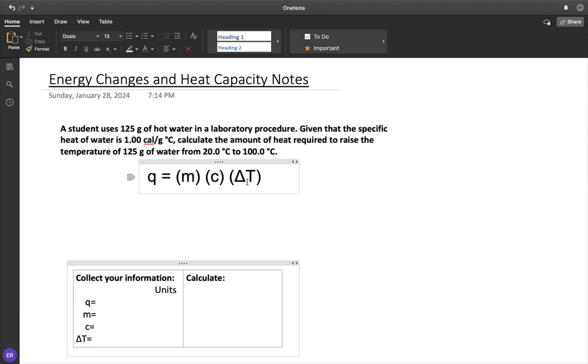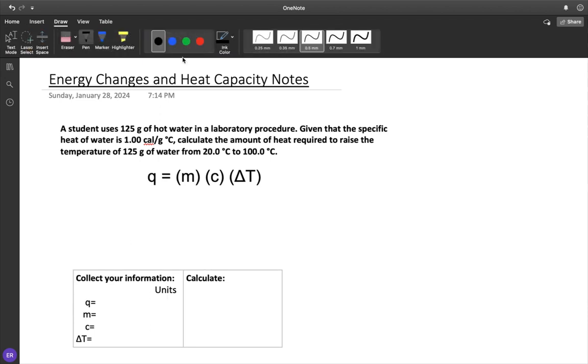Remember that this is our equation, Q equals M times C times triangle T. Let's go ahead and remind ourselves what each of these mean. Q is our energy. Our unit for energy is calories, C-A-L.